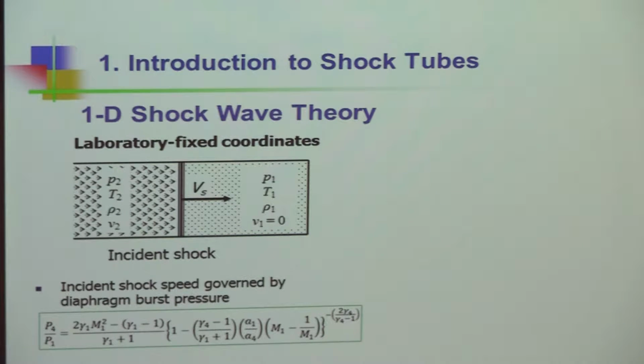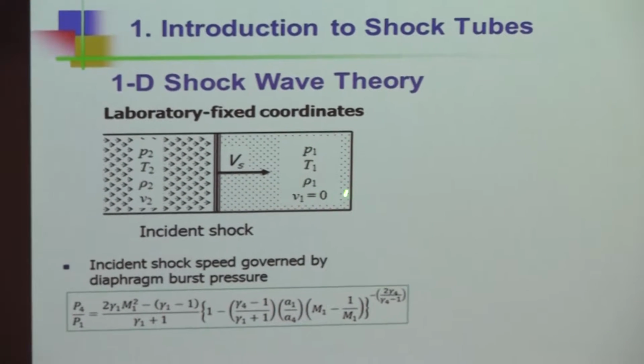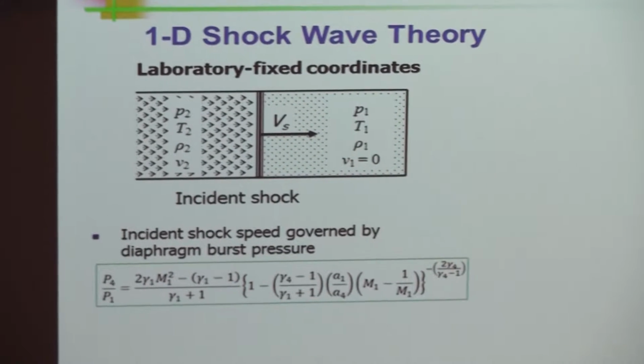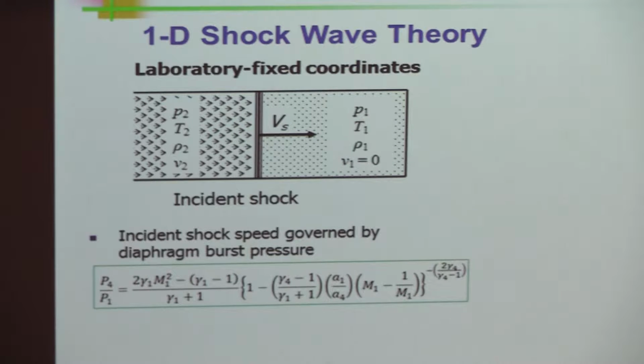So if you've had a course in gas dynamics, you know that we think of the shock wave as a planar discontinuity. It moves at a constant speed, and once you know that speed and the conditions of the gas into which it's coming, pressure, temperature, usually the composition, you can calculate the conditions on the backside.